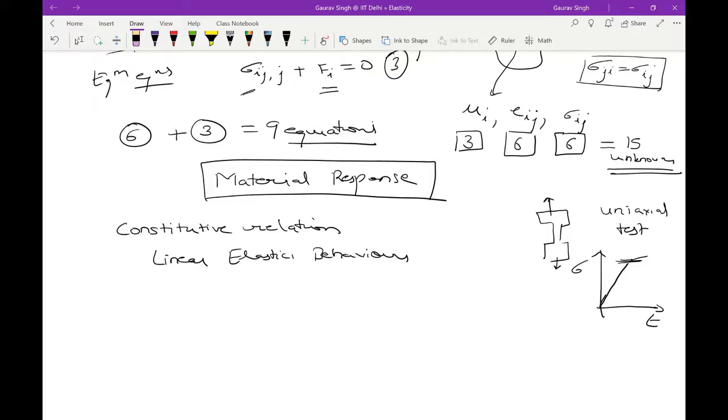The third point is the so-called yield point. This is where large plastic deformation begins. So if you have something like this, and you have large plastic deformation beyond this, this would be called the yield point.